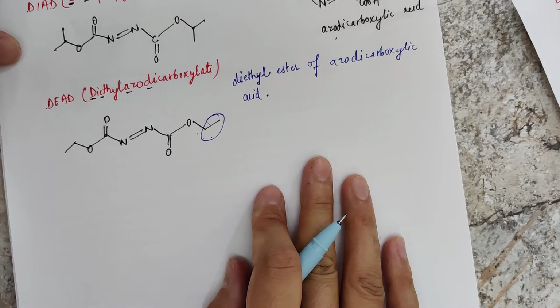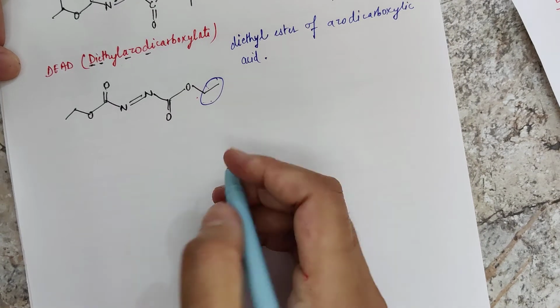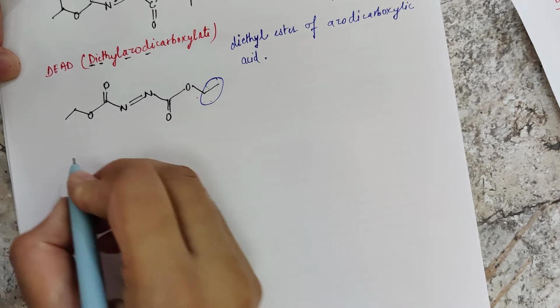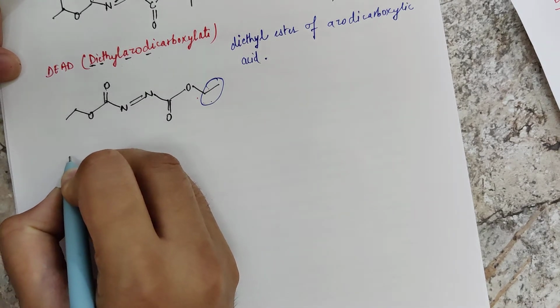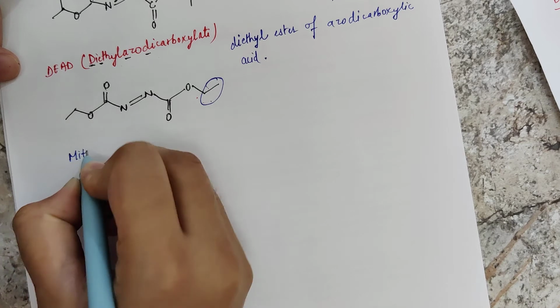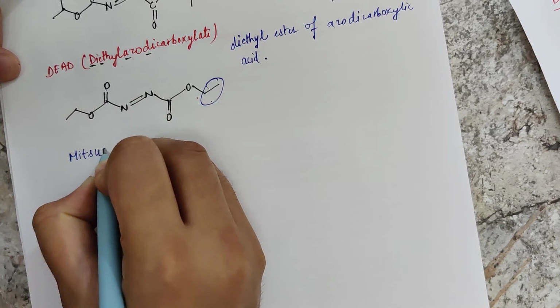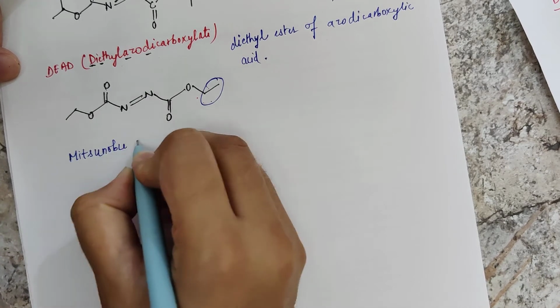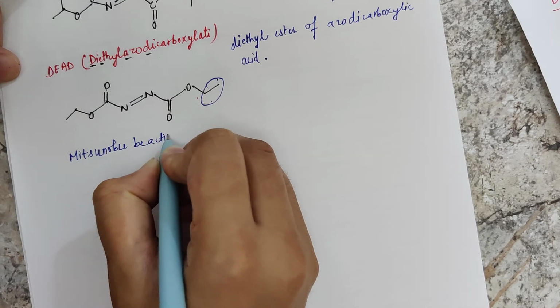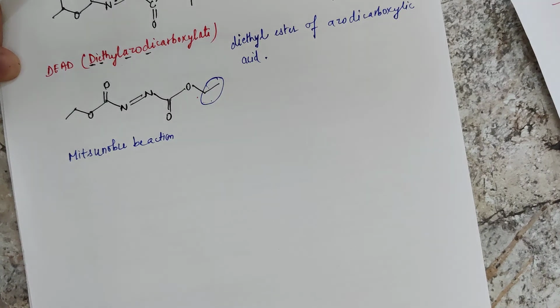It's a very good reagent for producing many organic compounds, and a name reaction is there in which it is used: Mitsunobu reaction.